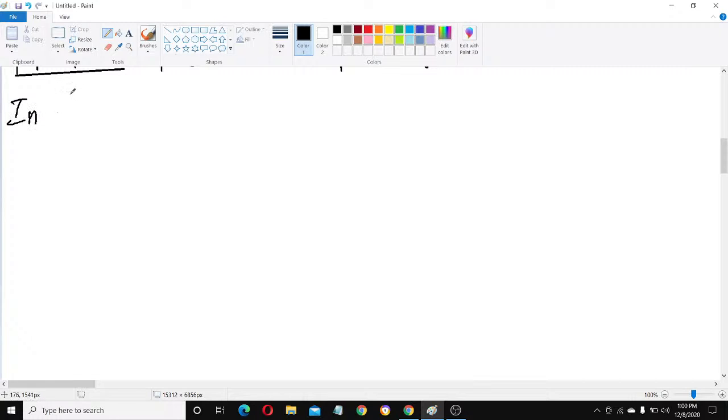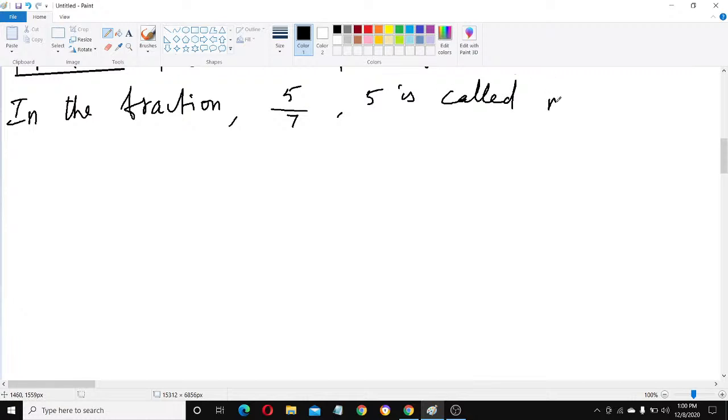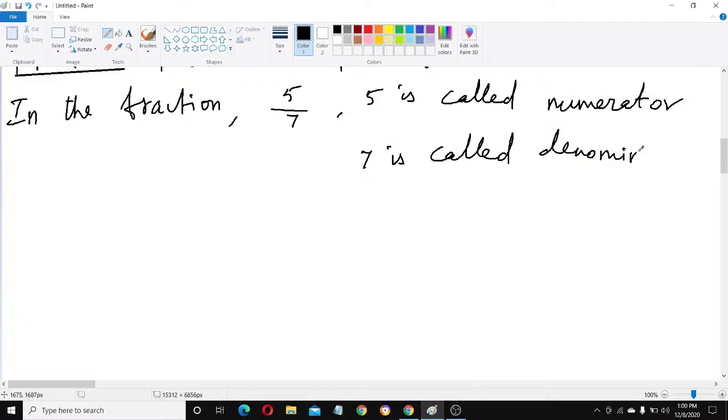So for example, in the fraction 5 by 7, 5 is called the numerator, 7 is called the denominator. Now, types of fractions.